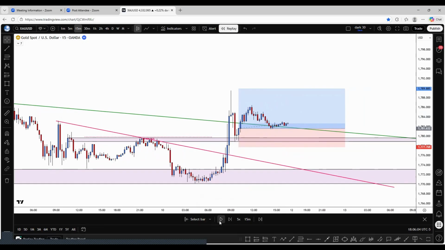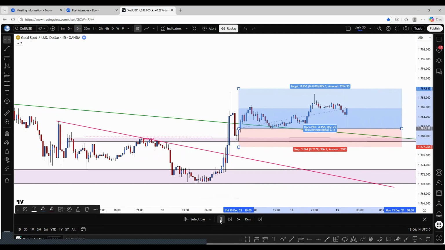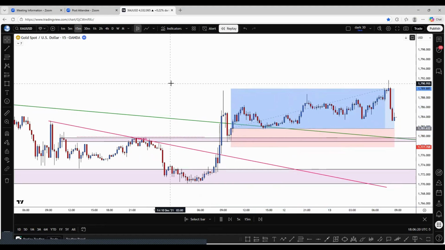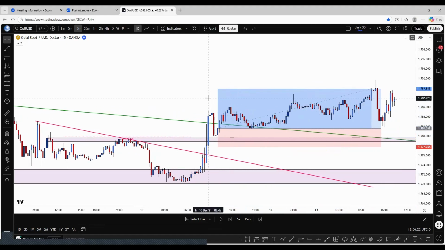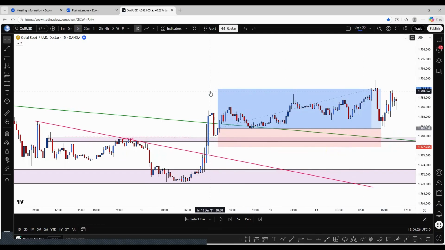Let's see what happens. It almost made it, y'all. All right. Come on now, give that little push. There you go. Boom. So as you can see, it went right back up and tested that point right there.